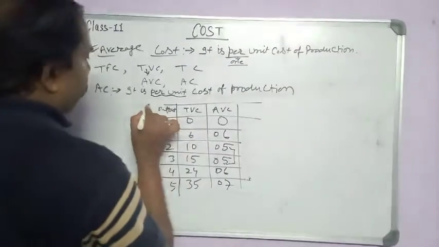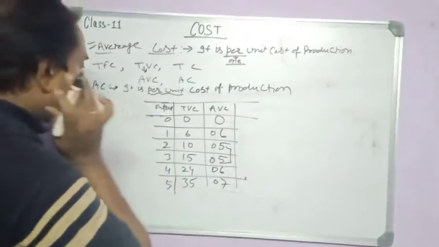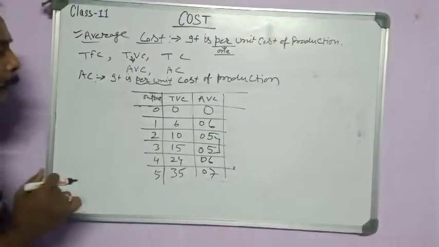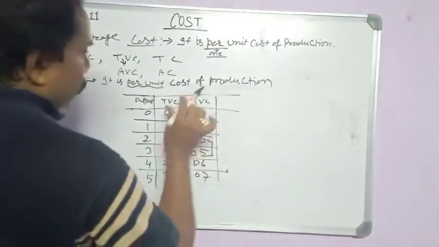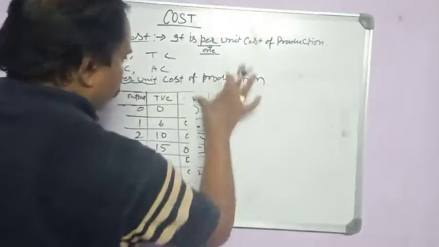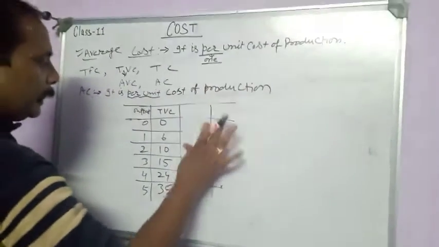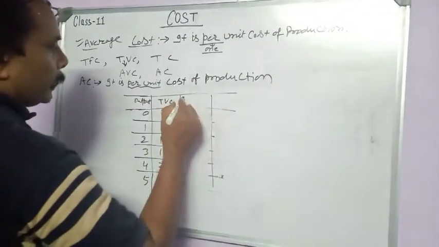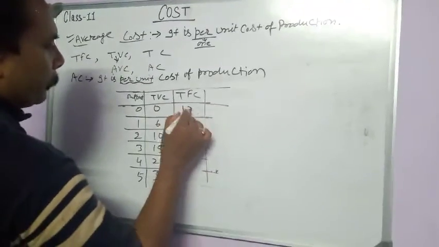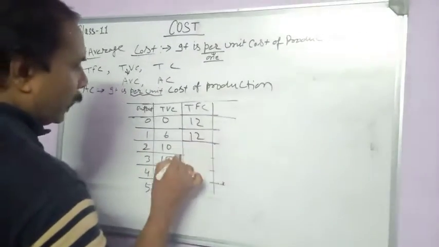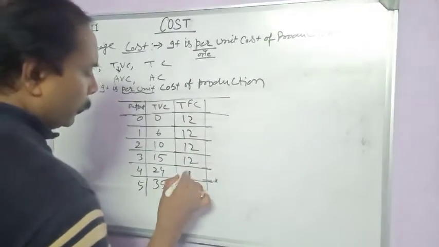Okay, so here it can also be explained like the AFC and AVC. Clear? So that is our TVC, that is already given. Now here we will take the TFC at all levels, that will be suppose 12, 12, 12, 12, 12.